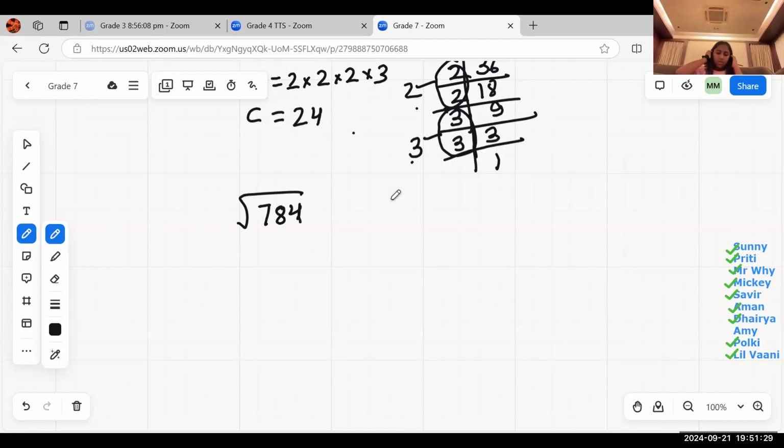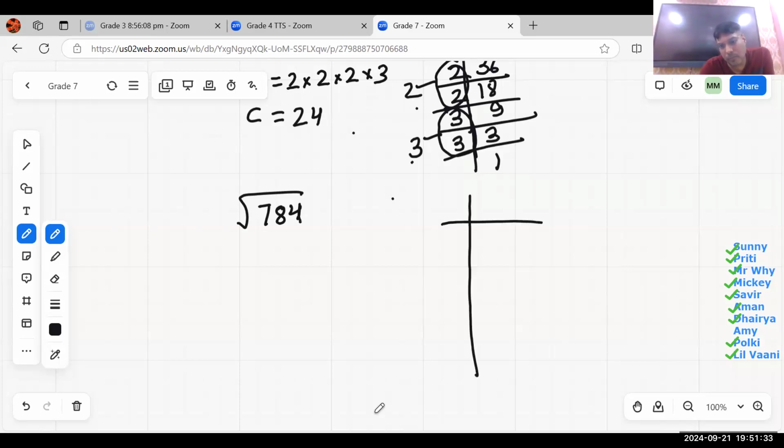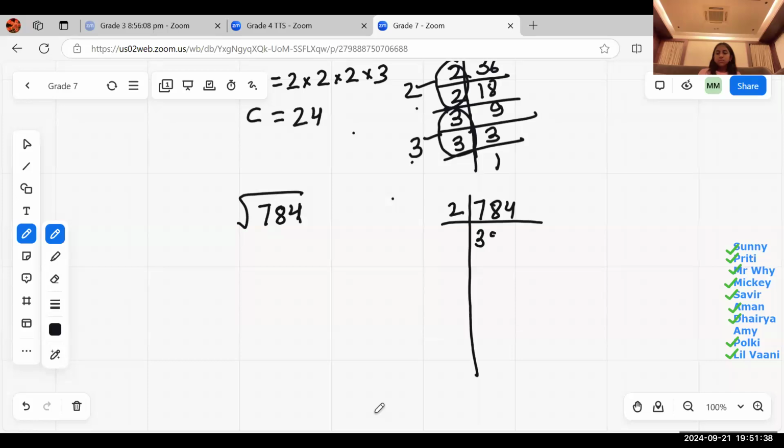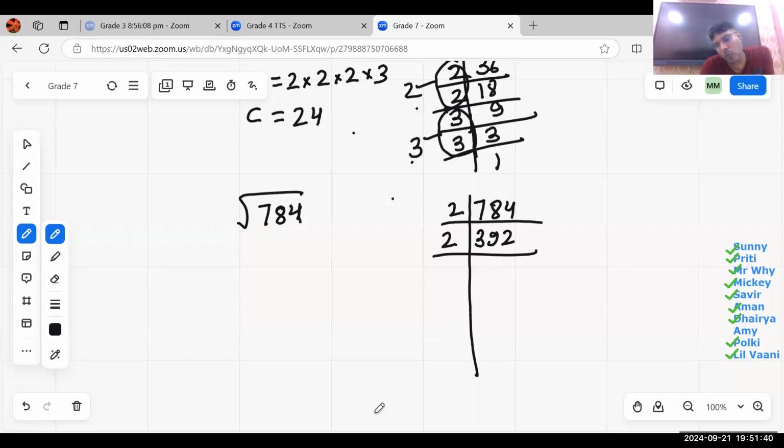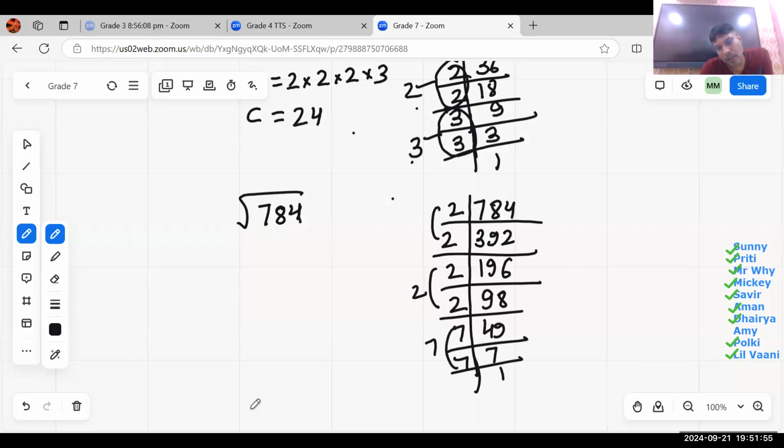Yes, sir, I couldn't get the answer. Beta, did you do the prime factorization? Yes, sir. So you got 392, then 2, 196, then 2, 98, then 2, 49, then 7, and 7, and 1. So my common factors are these. So it will be 2 into 2 into 7, which is 28.